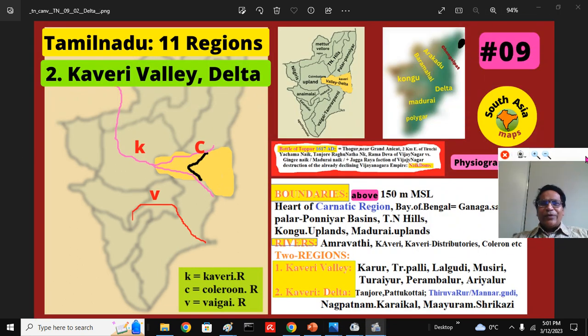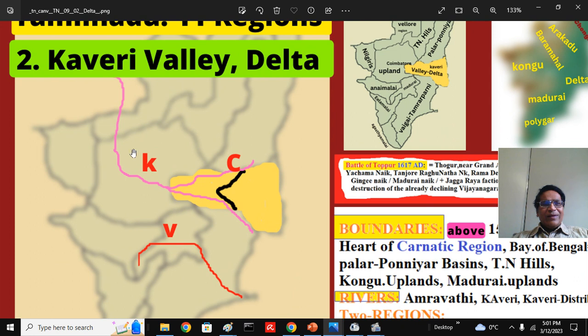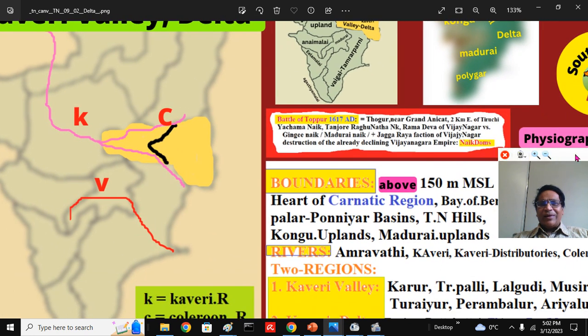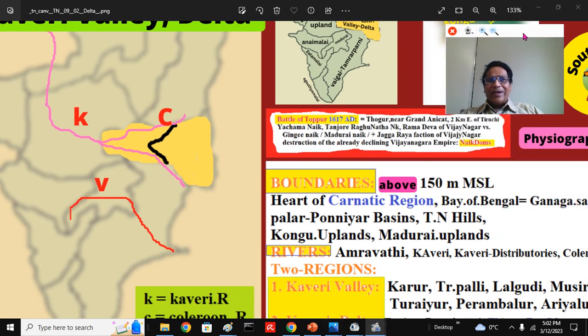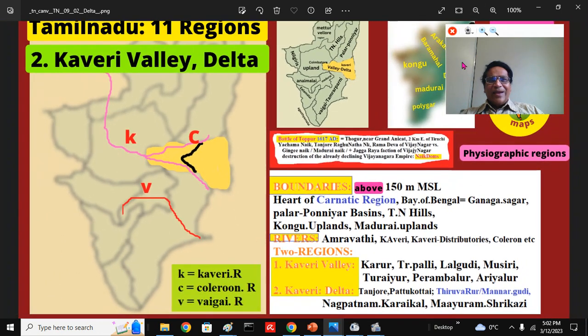So, the physiographic regions of this part. Here is the Cauvery river, our landmarks: K is Cauvery, C is the Kolladam river, and this is the Vaigai. This is the valley and delta.